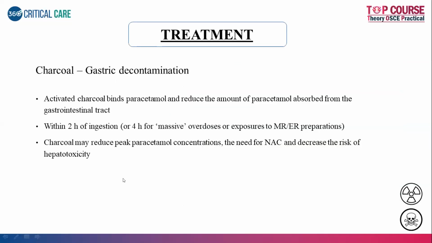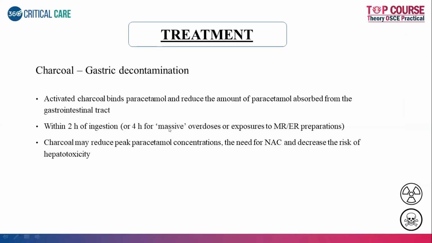Now coming to the treatment. For the initial treatment, if the patient comes within 2 hours of ingestion, then the best way to do decontamination is by activated charcoal. This activated charcoal binds paracetamol and reduces the amount of paracetamol absorbed from the GIT. It is done only if the patient presents within 2 hours of ingestion.